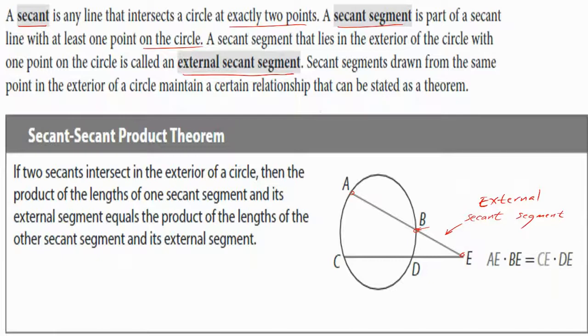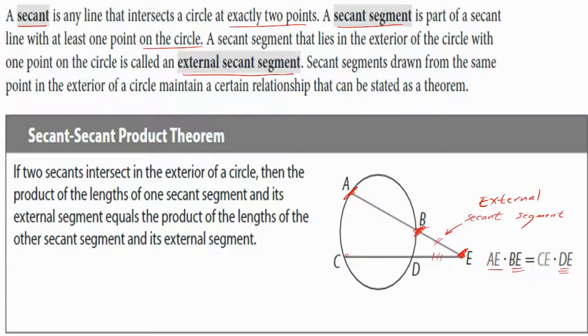So basically, that's what it says here. It says that AE, your entire secant, from here to here, times BE, which is the exterior secant segment, so I'll mark AE is the whole thing, and BE is the outside, the exterior, should equal CE, which is again the whole secant line, times the outer part, which is DE.